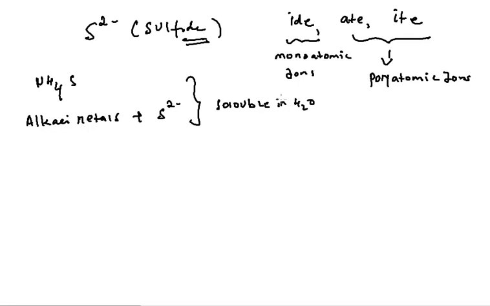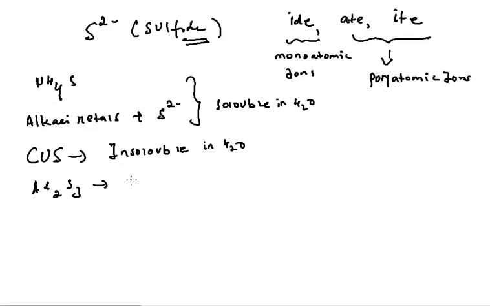Say, for example, if I have copper sulfide, that's going to be insoluble in water. Or if I have aluminum sulfide, that's also going to be insoluble in water. The only time copper sulfide will be soluble would be with alkali metals or with ammonium ion.